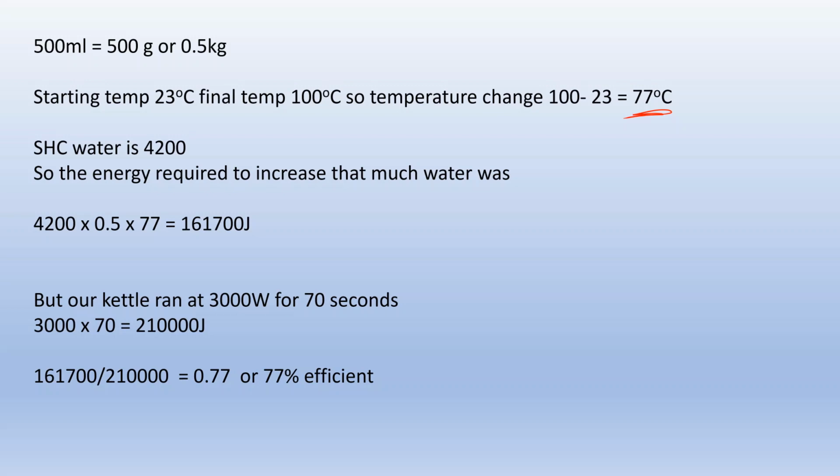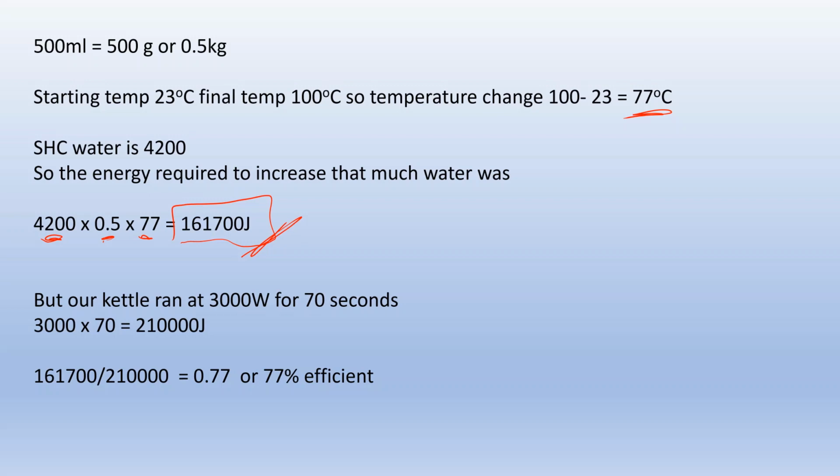Now, if we multiply this specific heat capacity by how much water we had in kilograms and its temperature change, we get the value of 161,700 joules. To make 500 grams of water increase its temperature by 77 degrees, we have to give it 161,700 joules in total. That's what you need to give it.